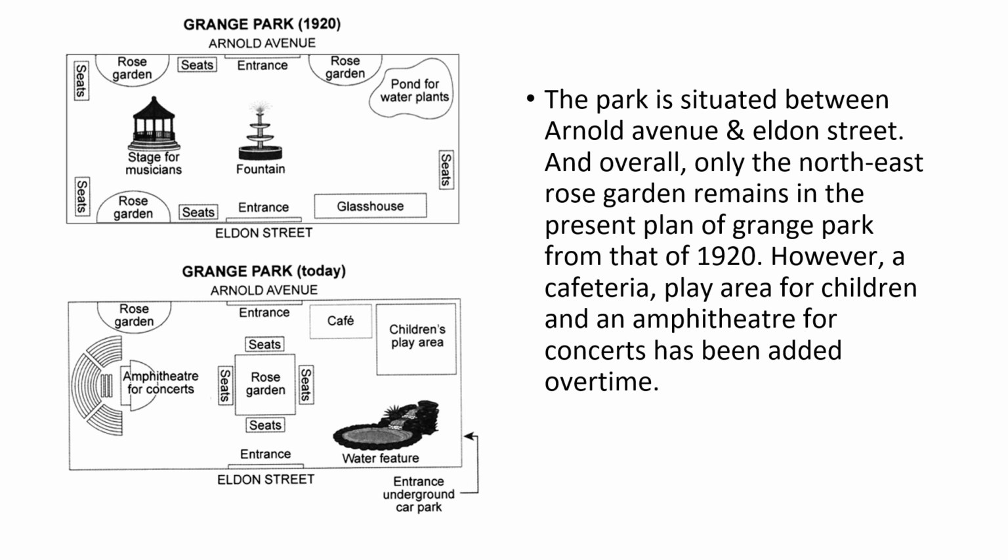Moving on to the last sentence: however, a cafeteria, play area for children, and an amphitheater for concerts has been added over time. There are three changes which should be made in the last sentence. The first one being however.